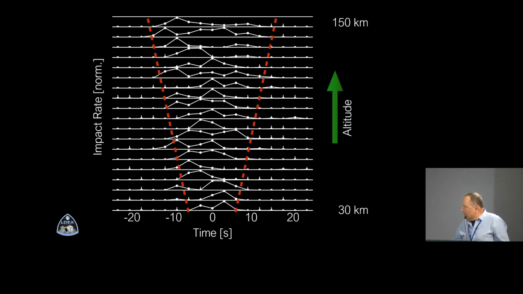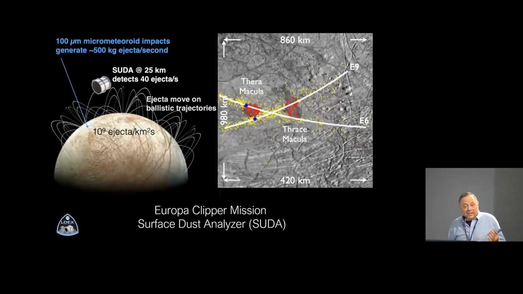The ones at the bottom, of course, have a very short duration of flying through. The ones at higher altitudes, because of the expansion of the plume, take a little longer to fly across. Nevertheless, you could use these to figure out where the impact happened, where the excavation happened, where the dust particles that we are detecting are coming from on the surface.